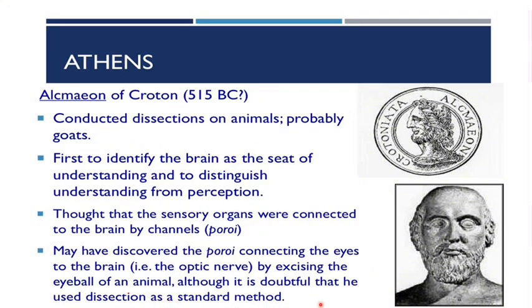So you can just note the name of the man. You don't need to learn the year, just learn his contribution to anatomy. He was the first to identify the brain as the seat of understanding and also to distinguish understanding from perception. So, Alcmaeon of Croton.